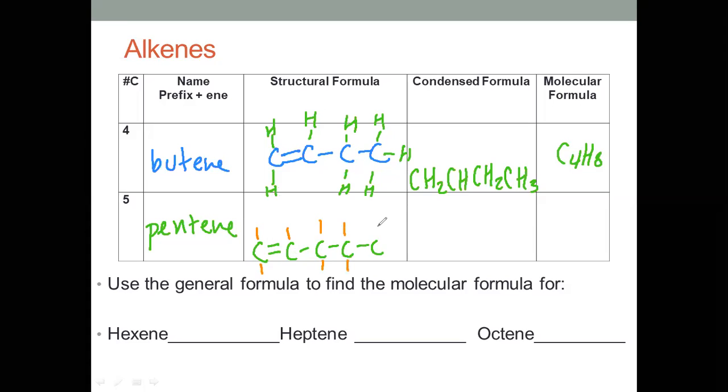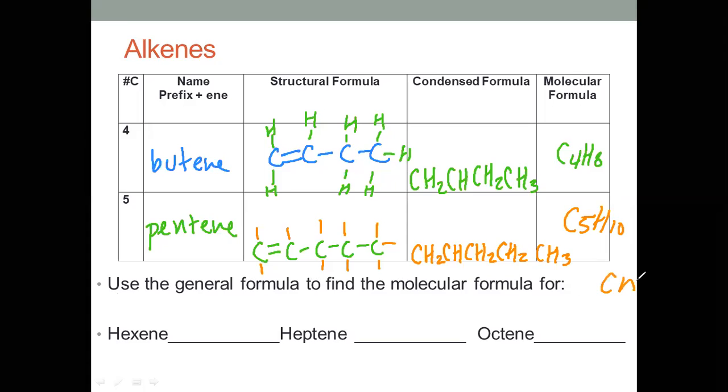Last carbon, 1, 2, 3, 4. So CH2, CH, CH2. This carbon, CH2, CH3, C5H10.